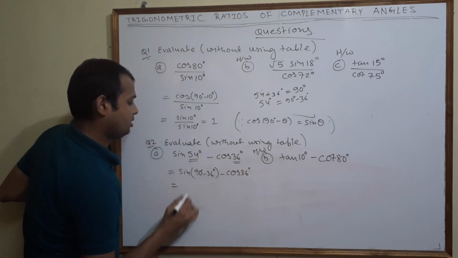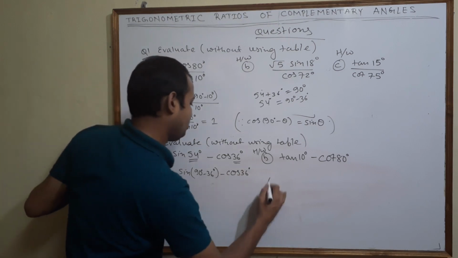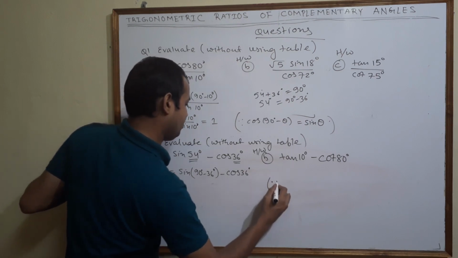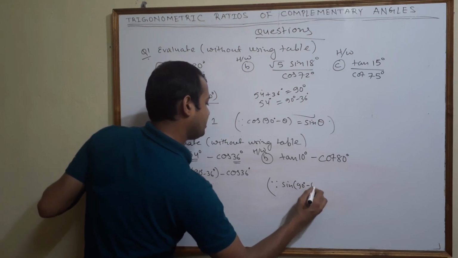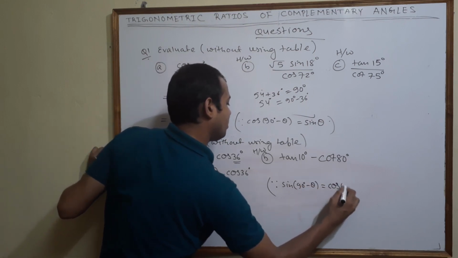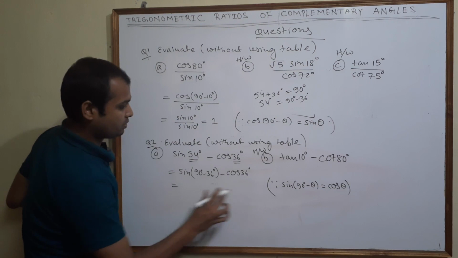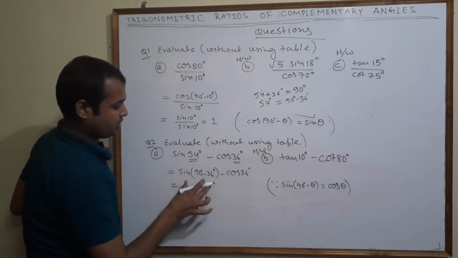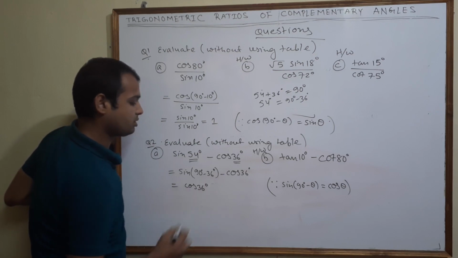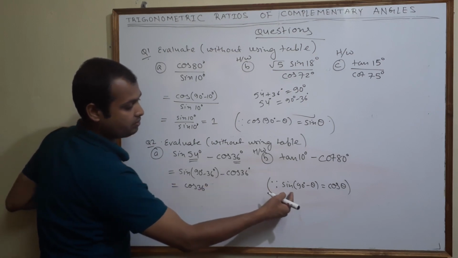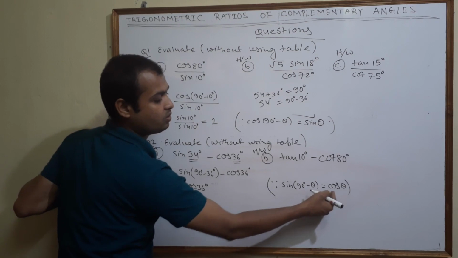Done. Now you have to recall the formula. We know that if you have sin(90 degree minus theta), then this is equal to cos theta. So by using this, this will be equal to cos 36 degree. Why? Because if we have sin(90 minus theta), then this is equal to cos theta.